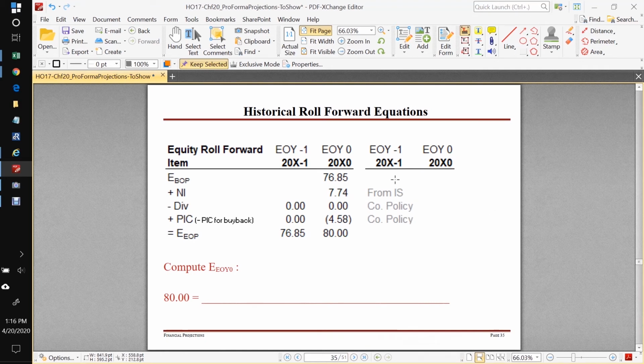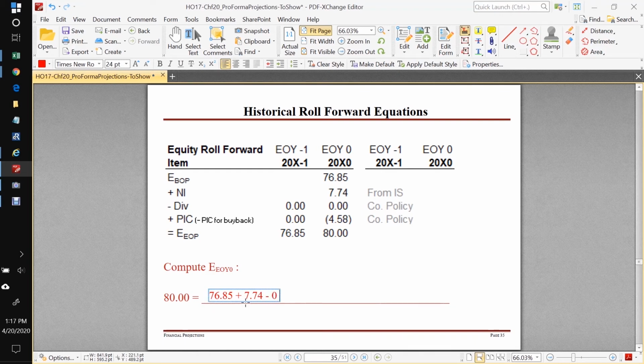All right, so let's look at our historical roll forward equations now. Again, we have equity beginning of period plus net income minus dividends plus paid in capital equals equity end of period. So you can see equity end of period for the most recently reported year was equal to 80, and that's equal to 76.85, the equity at the beginning of the period, plus the net income of 7.74, minus 0.